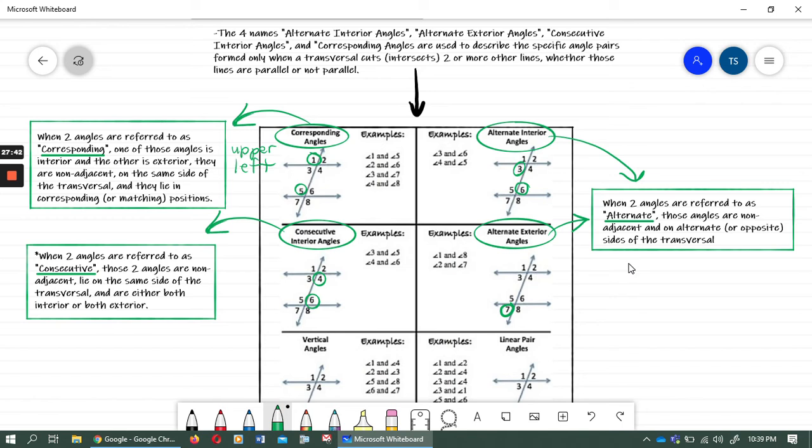Even though angle 8 is also exterior, angle 8 is adjacent to angle 7, so it has to be non-adjacent, and it has to be on opposite sides of the transversal.